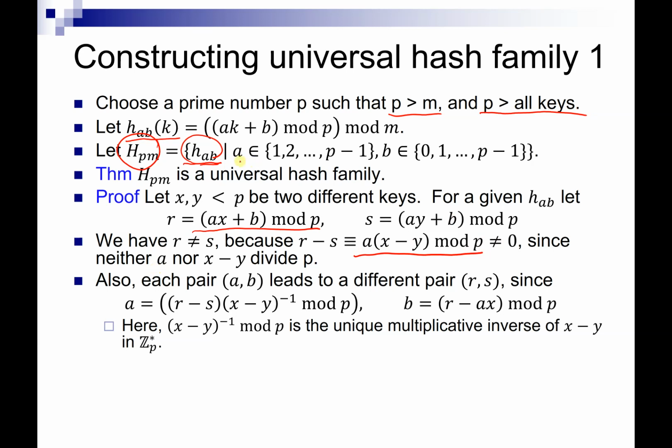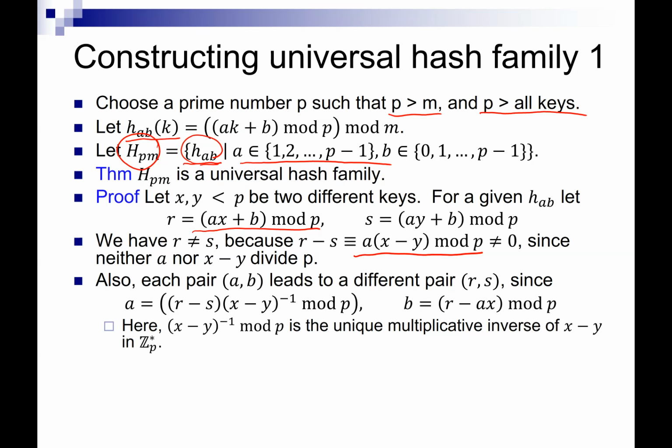Because a is in the range 1 to p minus 1, and p is prime, a doesn't divide p. Also, both x and y are less than p, so x minus y is also not going to divide p. Therefore a times x minus y is not divisible by p, so this thing modulo p is not going to be 0, and that shows that r is not equal to s. So that's the first fact.